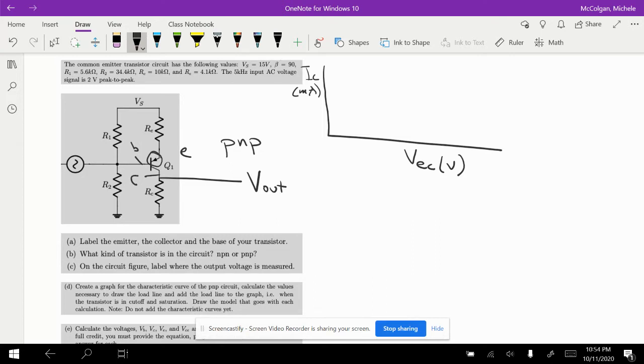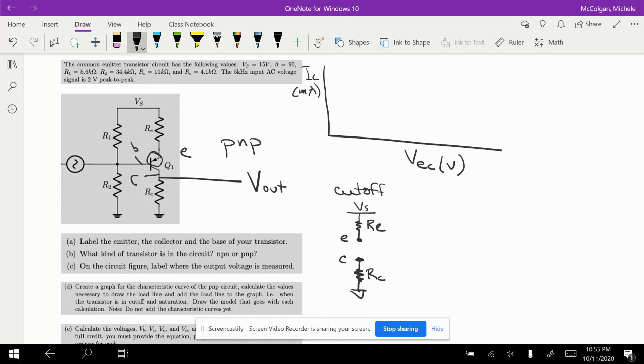In order to calculate the load line, we need to look at two cases from the emitter to the collector: cutoff and saturation. Cutoff tells us our maximum value for VEC. Here we've got our V source, our RE, this is E, and then we've got our C and our RC.